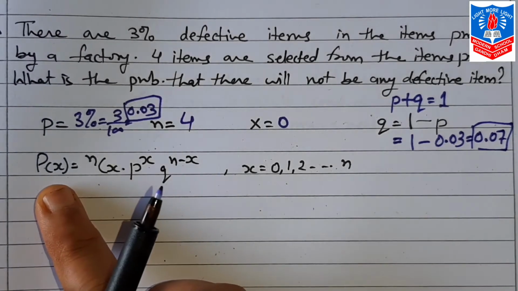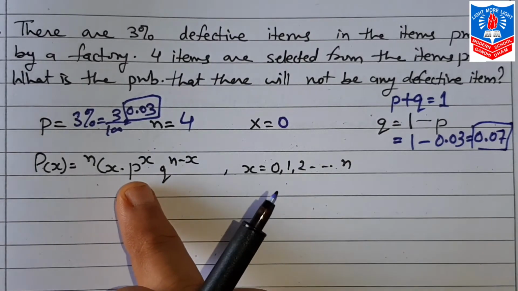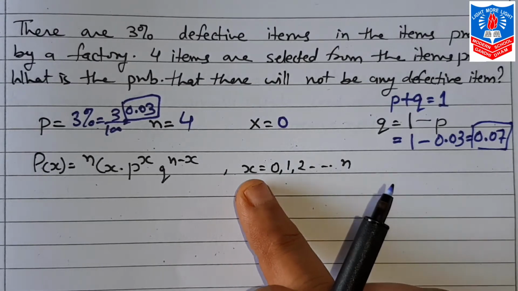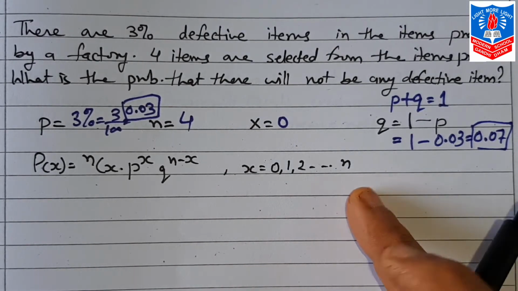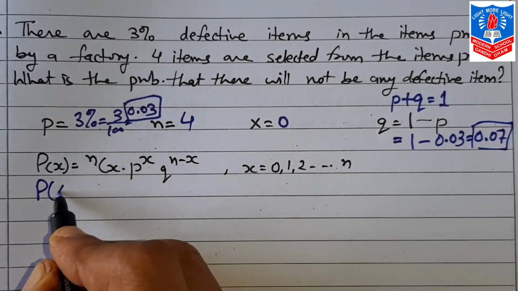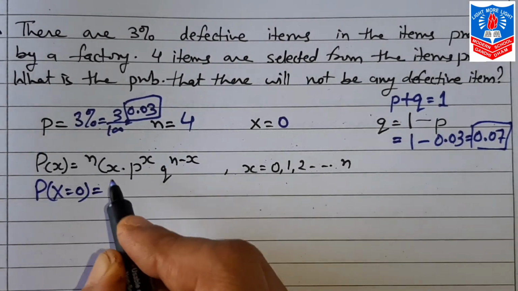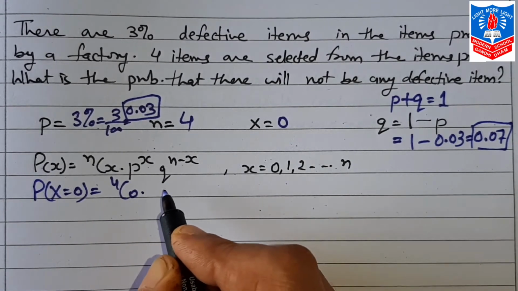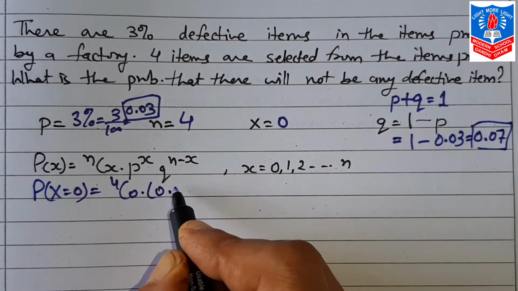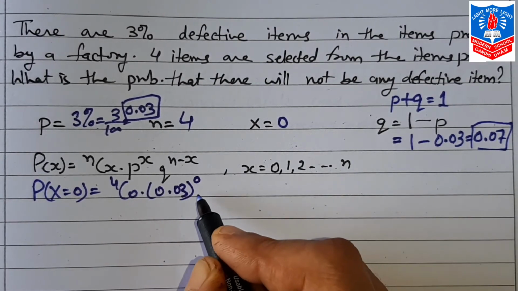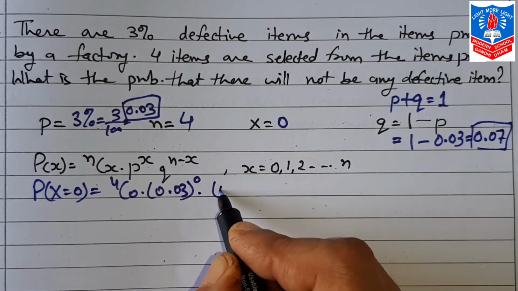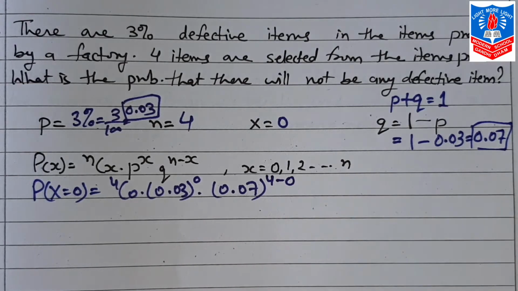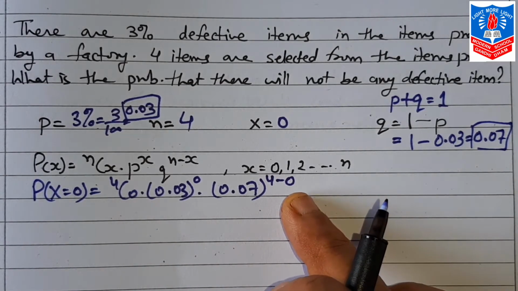Now here the formula: Px is equal to nCx into P raised to x into Q raised to n minus x, where value of x is 0, 1, 2 up to n. So here n is 4, x is 0, 4C0 into P value 0.03 raised to 0, Q value 0.97 raised to 4 minus 0.